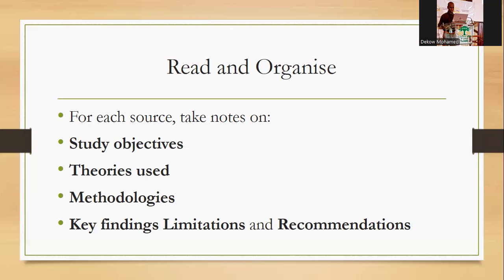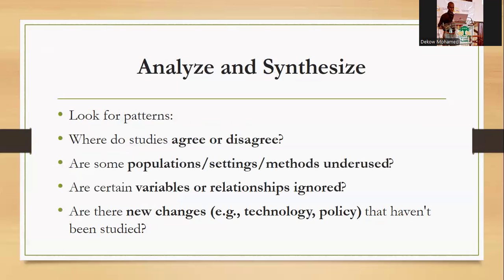Then the limitations. Limitations will help you to focus on areas they have not done. That limitation on the research will help you to focus on the areas that they have not dwelt on. Then the recommendations. So when you are reading your literature, you take note of this. You don't just read the whole document, you prioritize and select the main components.